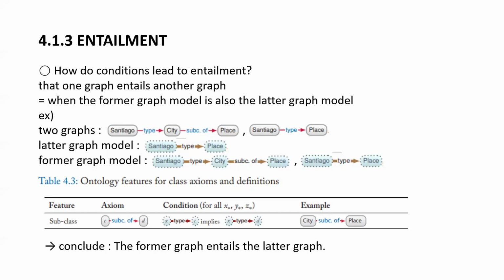For example, when two graphs, Santiago type city subclass of place, and Santiago type place, exist, all models in the latter graph must have Santiago type place, and all models in the former graph must have Santiago type city subclass of place, and Santiago type place to satisfy the subclass condition of Table 4.3. Therefore, it can be concluded that all models of the former graph become models of the latter graph and that the former graph entails the latter graph.